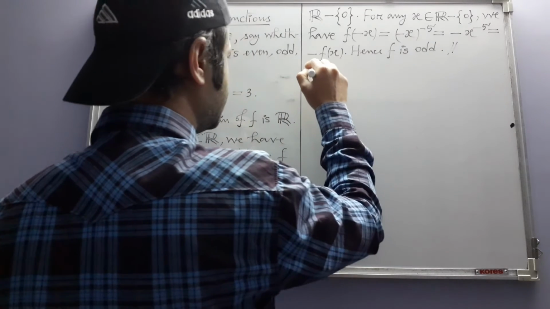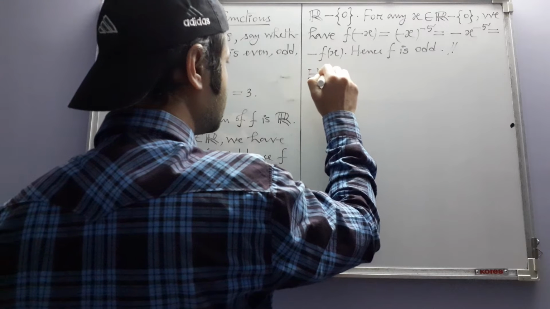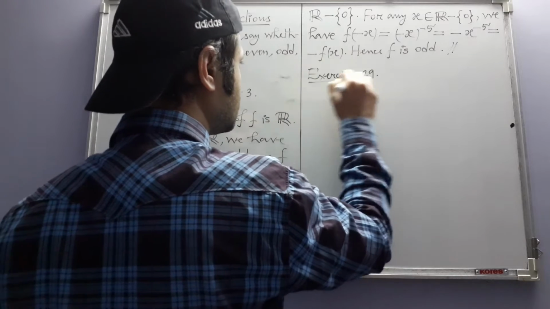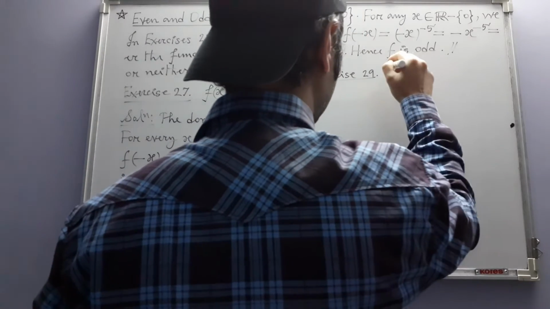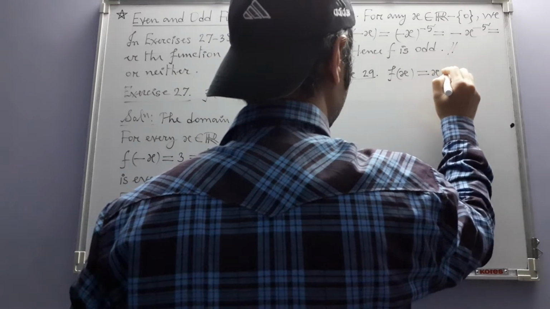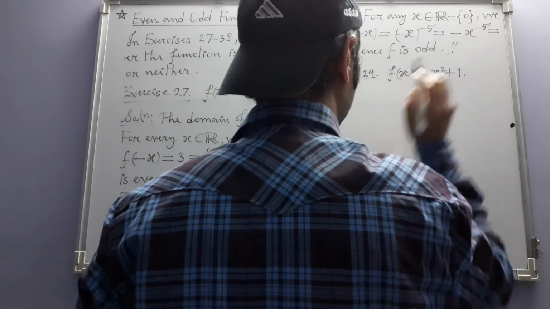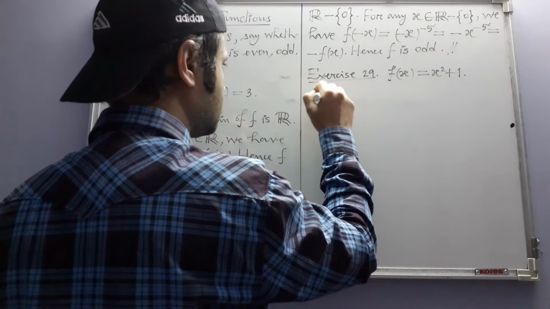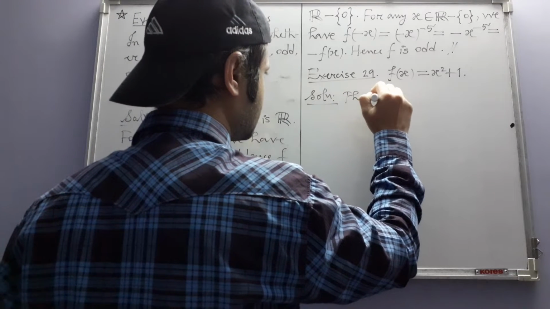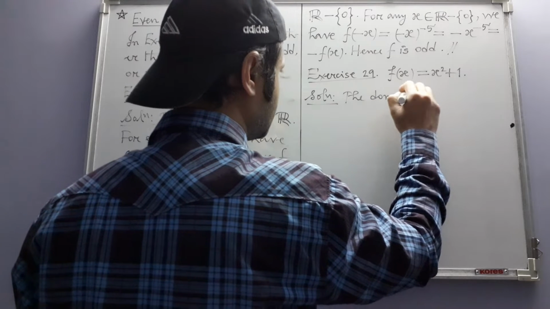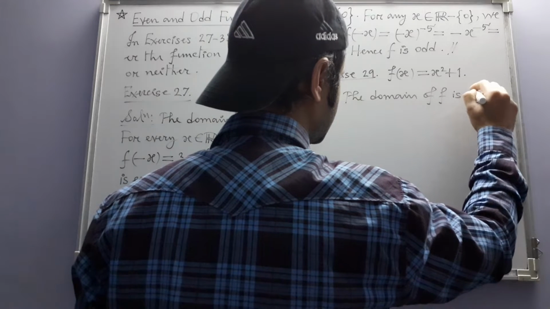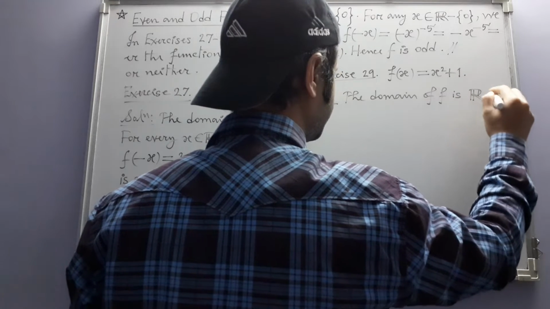Then 29. Square plus 1. In this case, the entire set of real numbers is the domain.